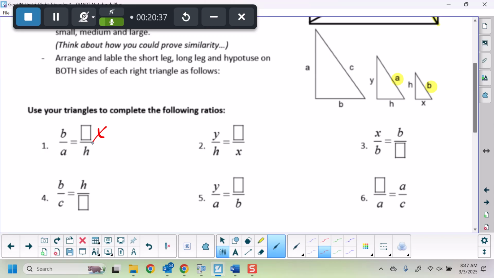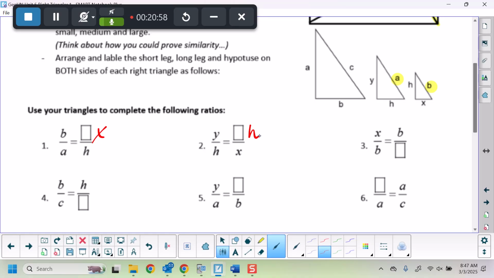All right, when I talk about Y to H, that's going to be the same as H to X. Thumbs up if you got it. Couldn't it also be Y to H? Because if you're looking at B to A in the first triangle and Y to H in the second one.